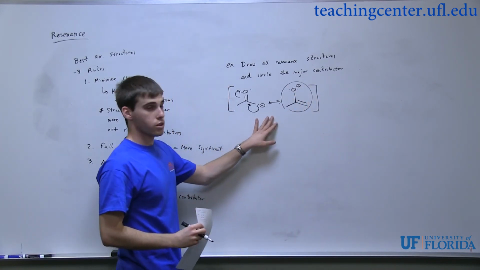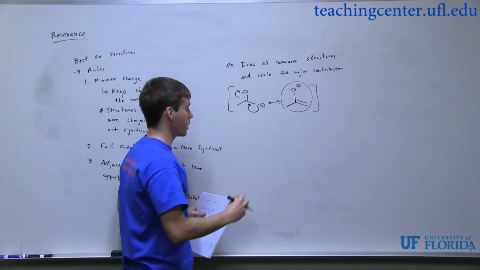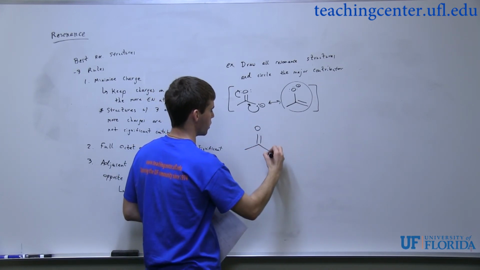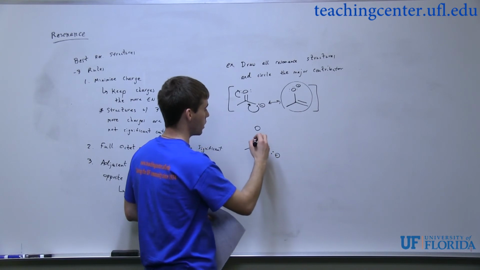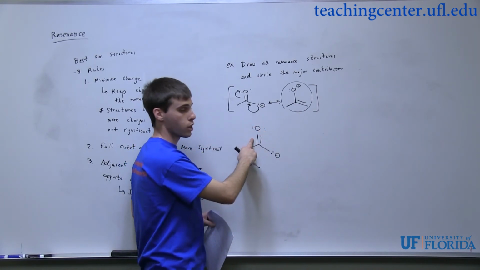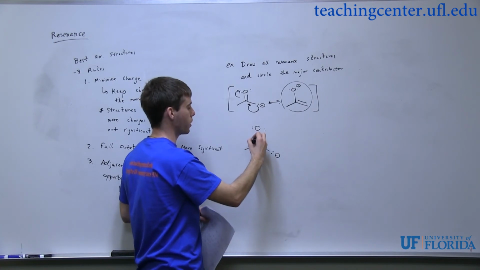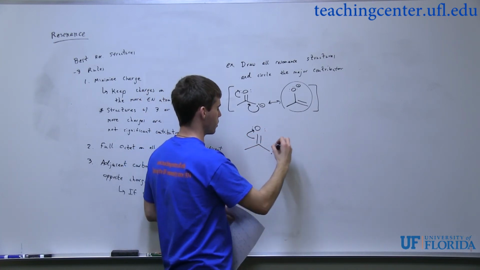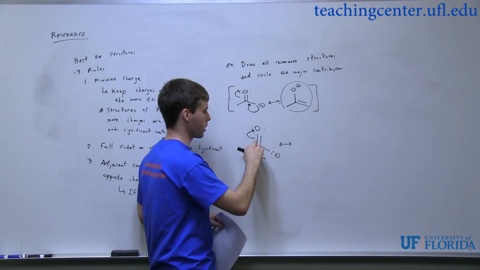Okay, so this is the end of the question, but I just want to show one more thing. In case you saw this question and wanted to start here, you see there's a double bond between two atoms of differing electronegativity. Let me start there. This is what would have happened. So, I push those electrons up.